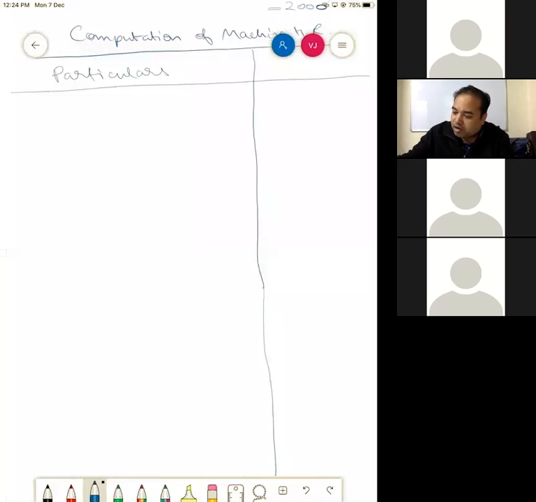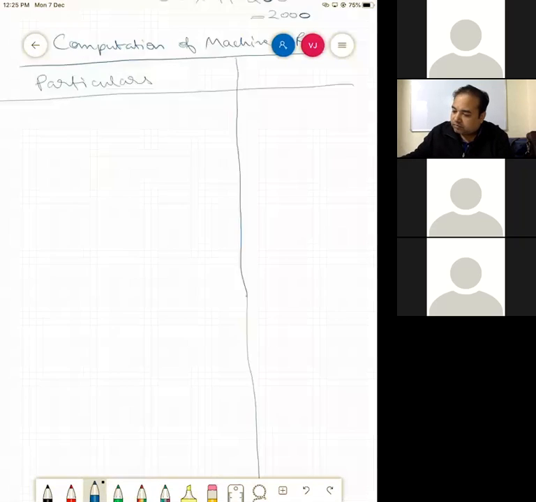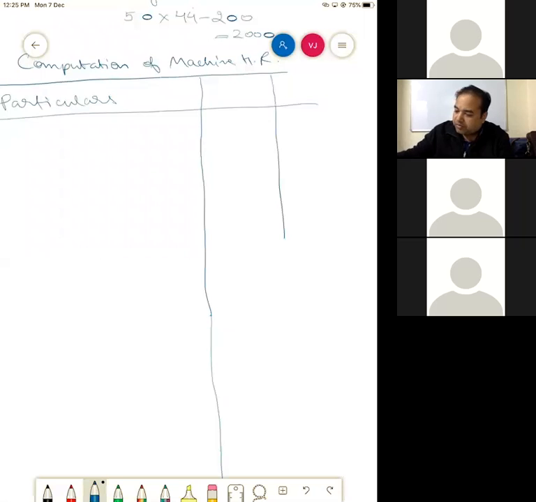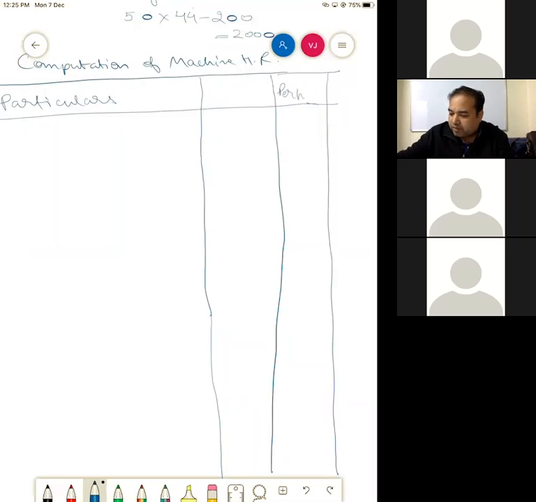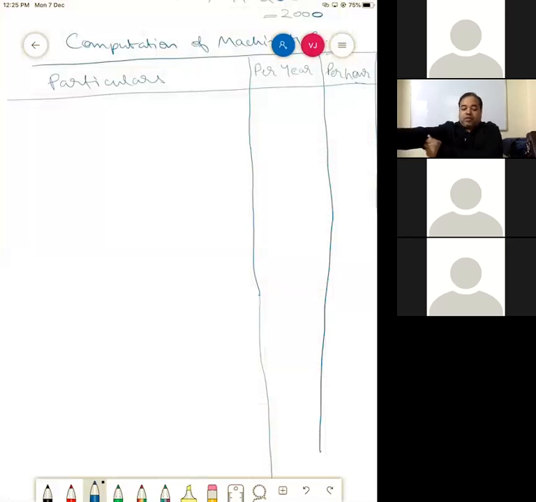We can also make a sub column in this, two columns in this. So you make one more column. One would be on the basis of per hour, and since we have information per year, we need to compute standing charges on a per year basis, then we can compute it per hour. So let us start with standing charges.